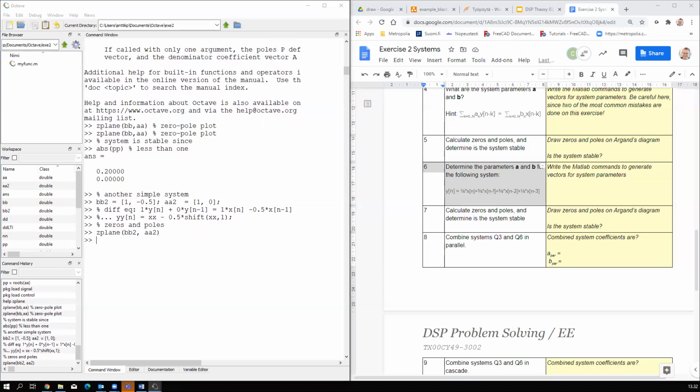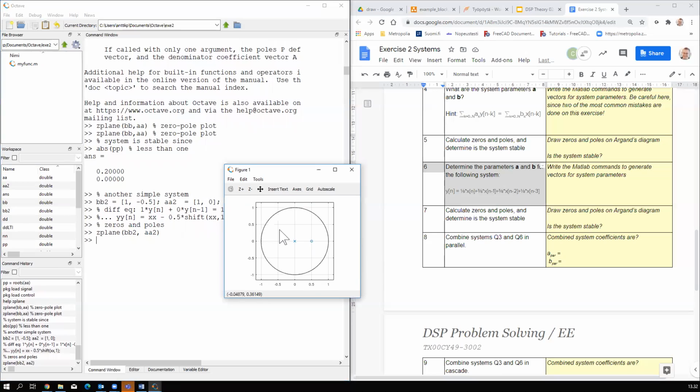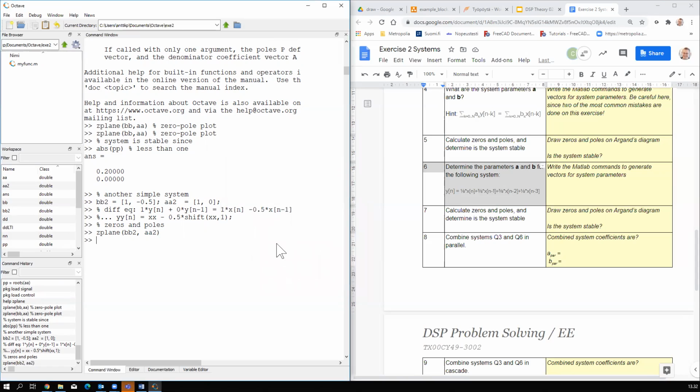Okay. Yeah, it's a first order system. It has one pole at the origin, which means it's stable, and then one zero at point 0.5. Good. Now I have two systems, both stable.